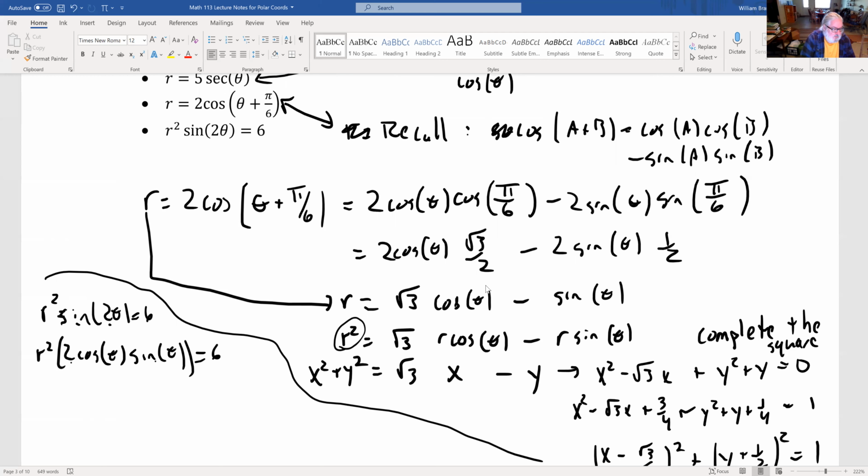So I can rewrite that in a sneaky way. Divide both sides by 2.